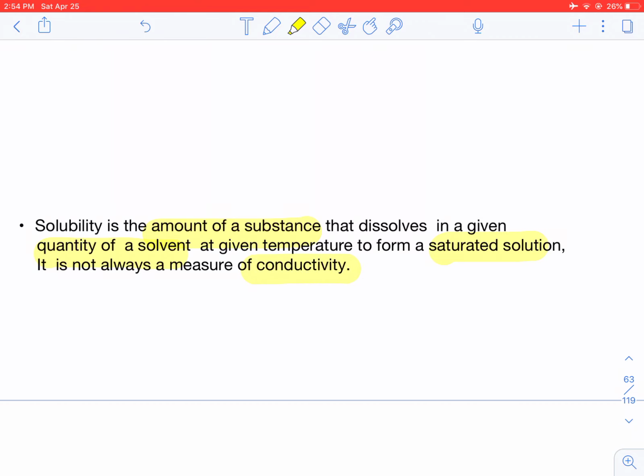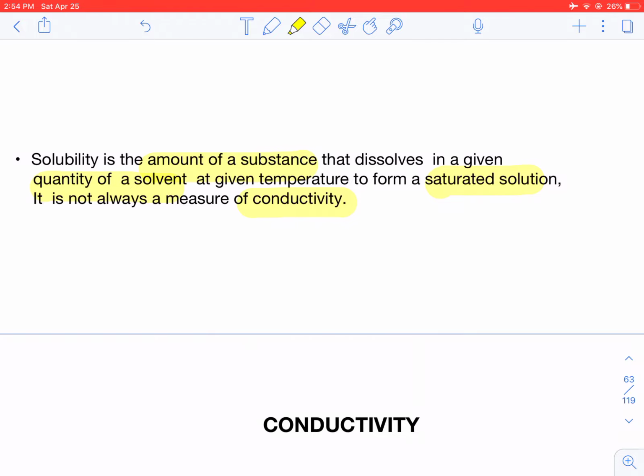And we've illustrated that. For instance, if I take sucrose and I dissolve it in water, it's more soluble than sodium chloride, right? More of the sugar can dissolve in water than the salt. And so it doesn't mean if something is soluble, it will have a greater conductivity.